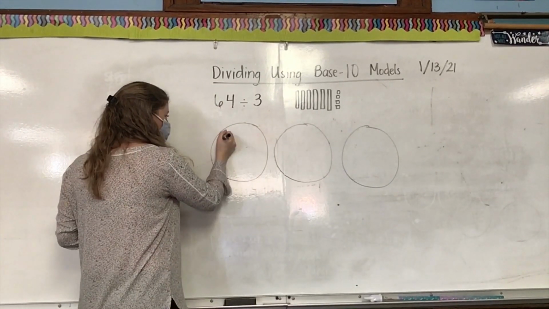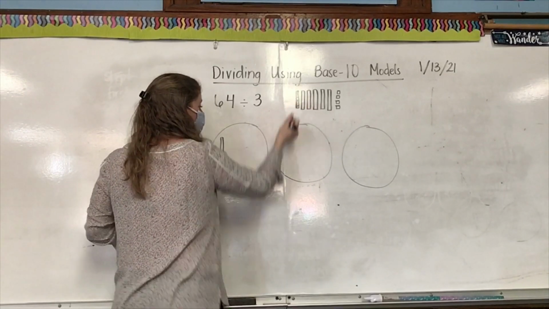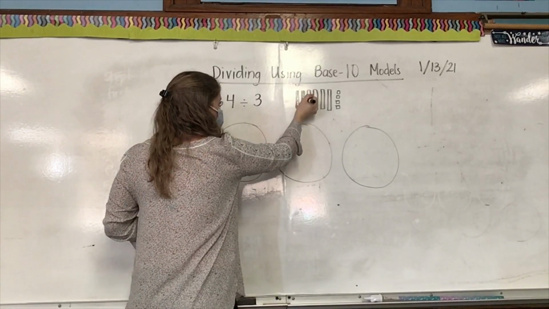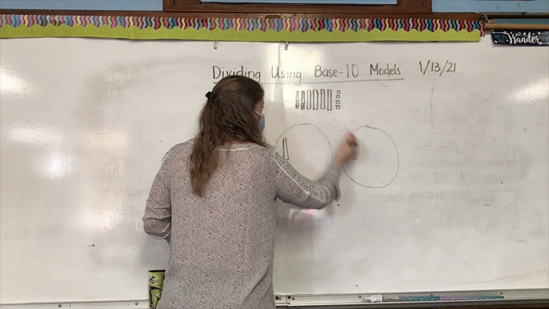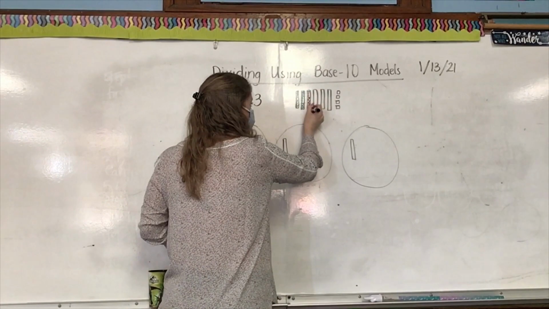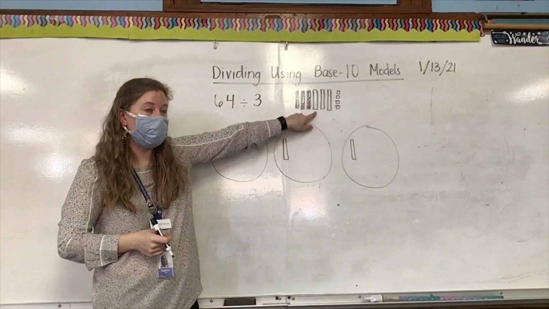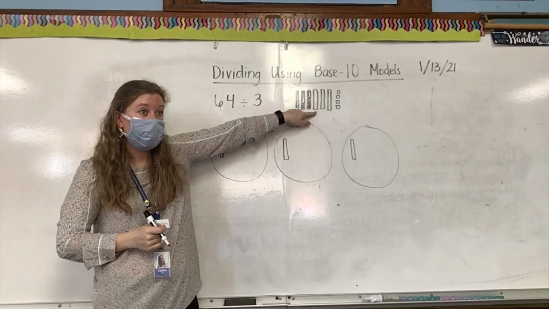Okay, I'm going to start with 1 and shade it. 2 and shade it. 3 and shade it. I'm at the end of my groups, so what should I do to make sure I can go back evenly? I need to make sure I have at least how many? At least 3.